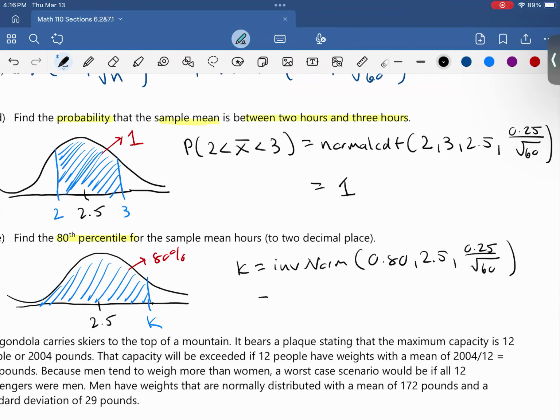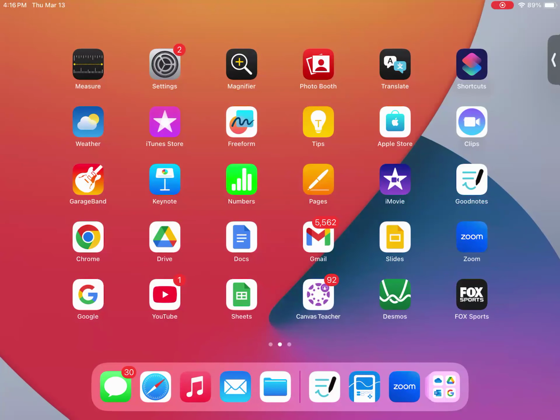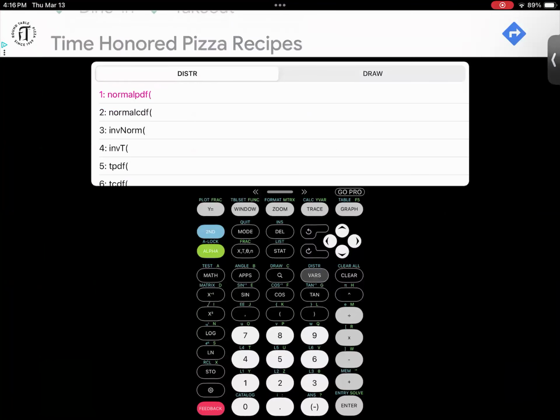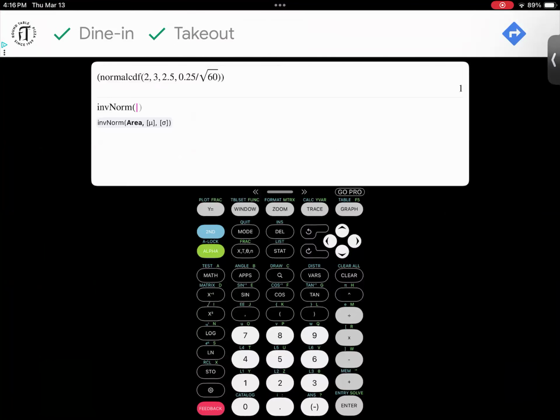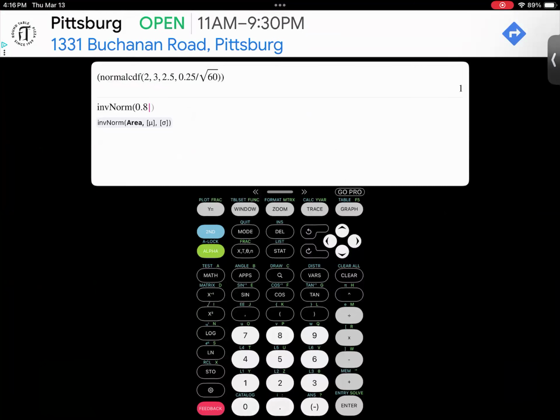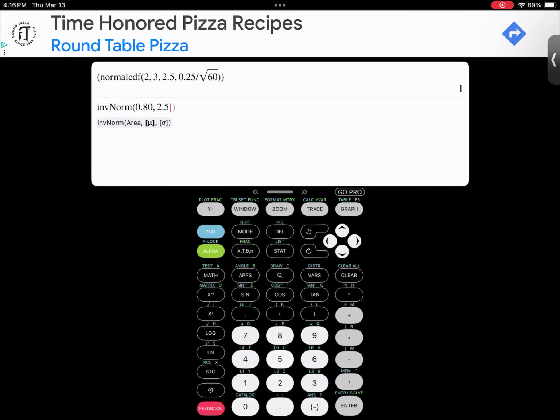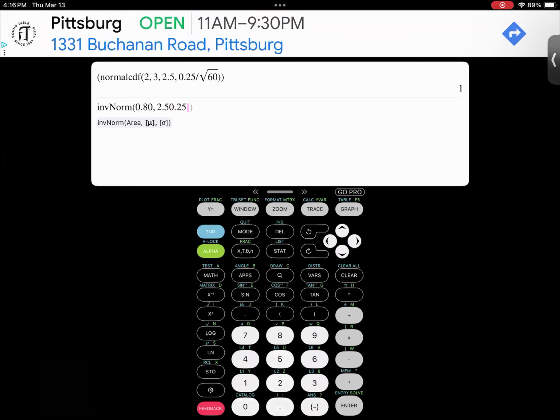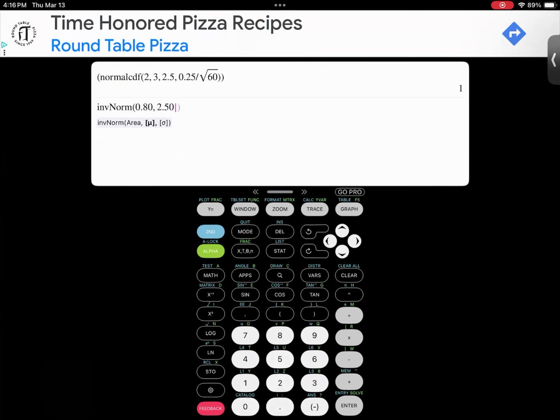Let's jump to the calculator and find our K value, meaning our 80th percentile. Second distribution, inverse norm, 0.80, 2.5, and we're going to have 0.25 divided by the square root of 60.